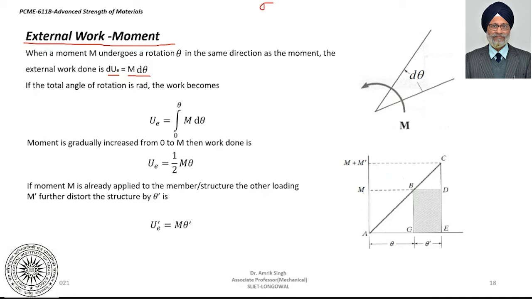There it was sigma into strain; here it is moment into the angular rotation, the total angle of rotation in radians. So external work done will be equal to the integral from 0 to theta of M d theta. Moment is gradually raised from 0 to M, so the same concept we'll be using here. External work will be half M into theta. And the moment is applied after unloading, so UE dash will be M into theta dash.